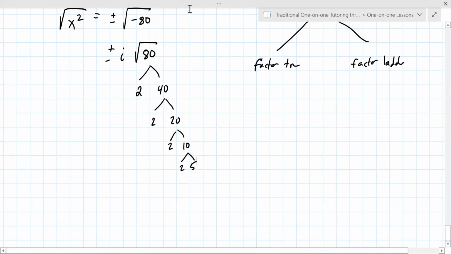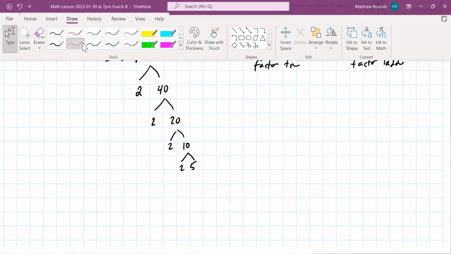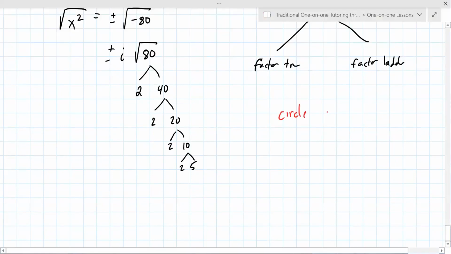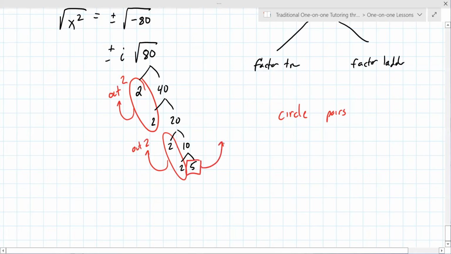Okay. And what you do next is you circle pairs. They have to be matching pairs. I like matching socks. Some people are more into the mismatched socks. These have to match. You have to get a matched pair. And for every number you have a pair, you bring it out. So you bring out a 2 and out a 2, but you leave in a 5.